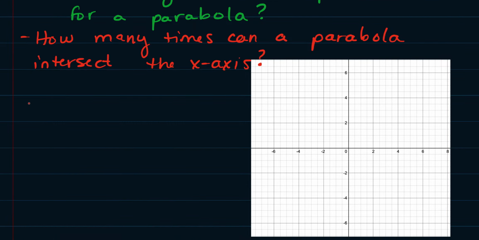Well, all of our quadratic functions, which take this form, can be graphed on this xy plane. Now, a parabola is either going to be pointing up or it's going to be pointing down.